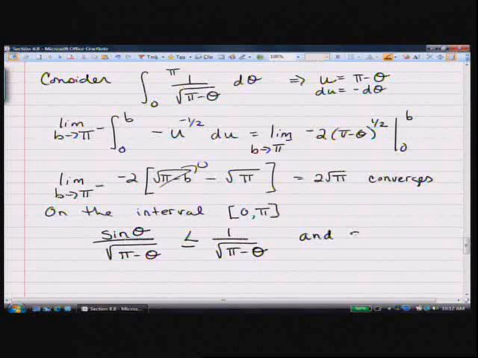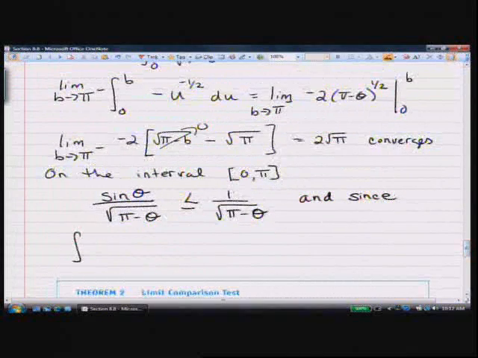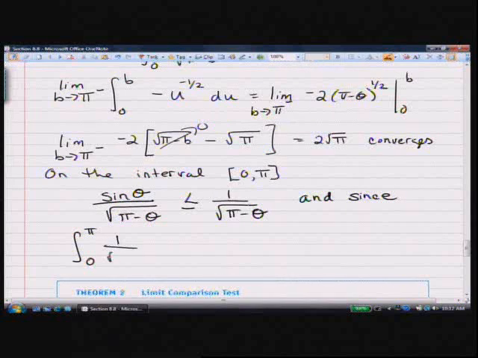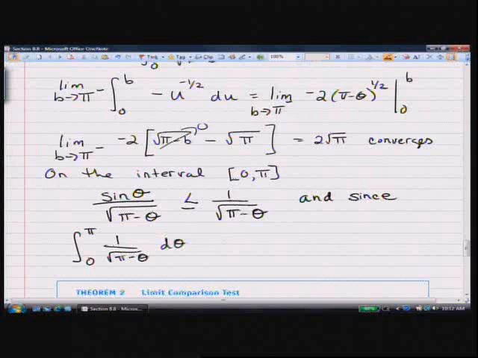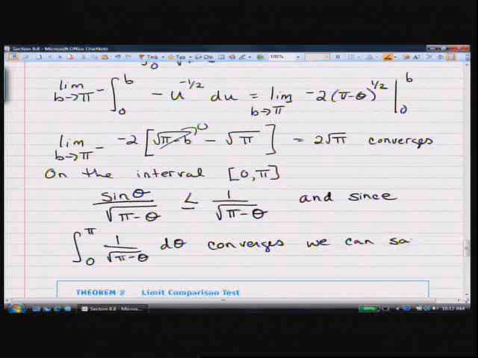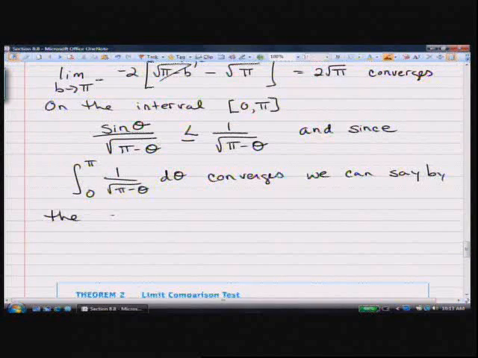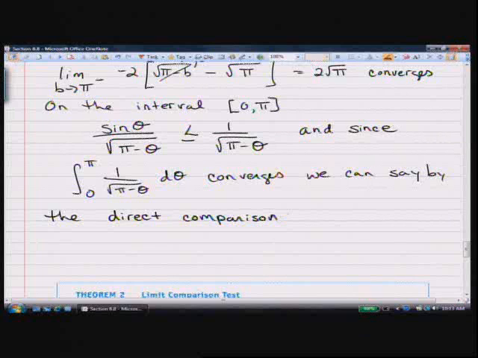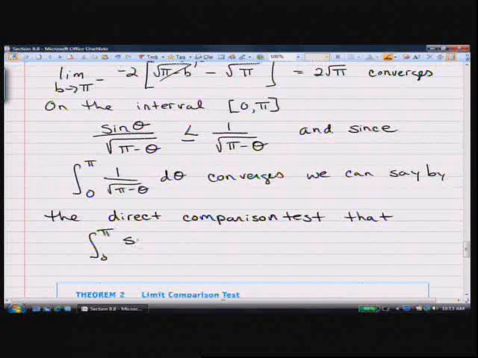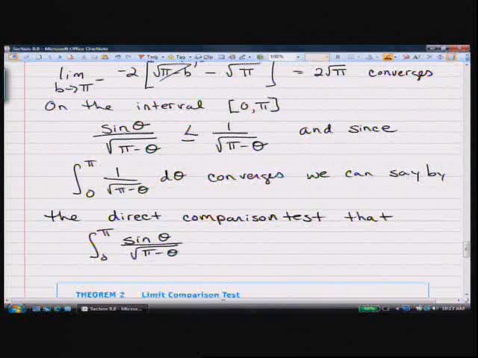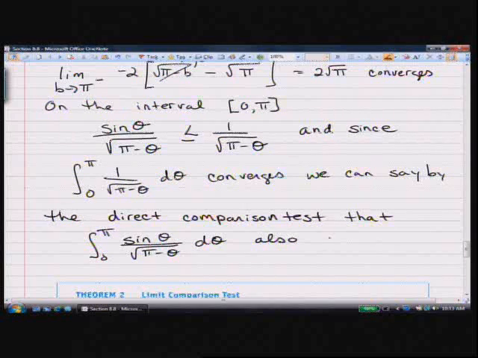And since this integral, 1 over the square root of pi minus theta, converges, we can say by the direct comparison test that the integral from 0 to pi of sine theta over square root of pi minus theta d theta also converges.